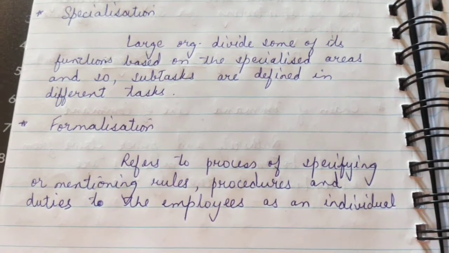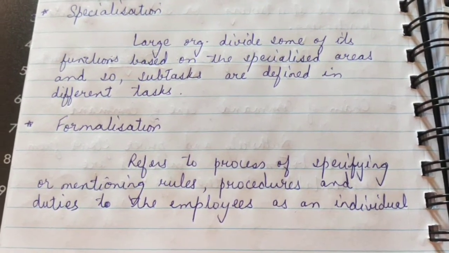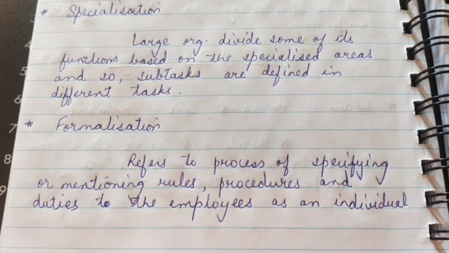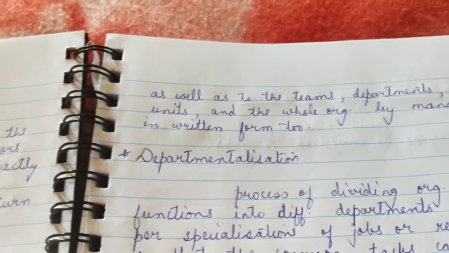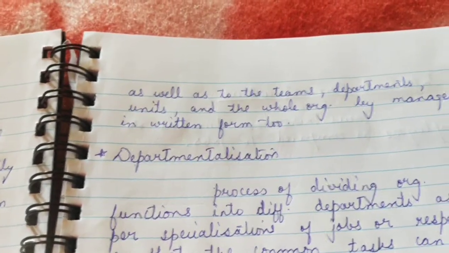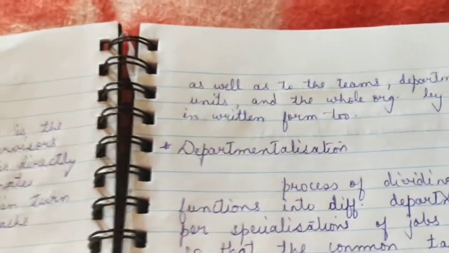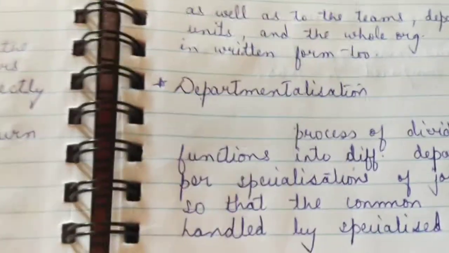Refers to the process of specifying or mentioning rules, procedures, and duties to the employees as an individual, as well as to the teams, departments, units, and the whole organization by the managers in written form. Okay? Then comes departmentalization.